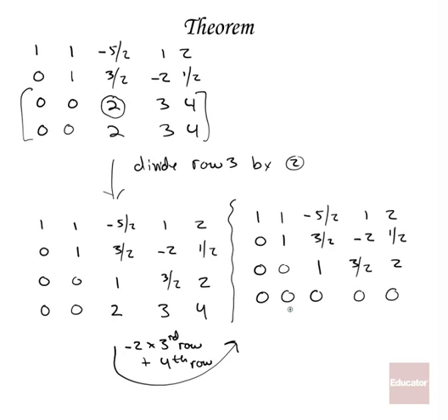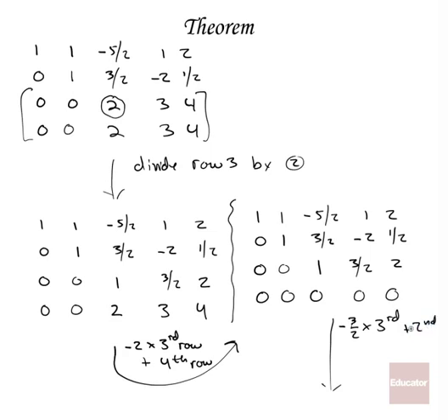So let's see. Let's get rid of this 3 halves first, which means I'm going to take negative 3 halves times this row to this row. So let me write down what it is that I'm doing. So we have minus 3 halves times the third row plus the second.